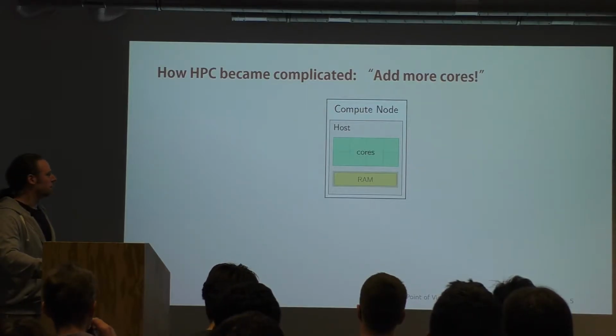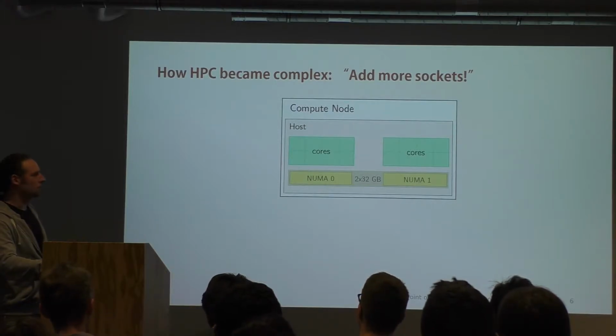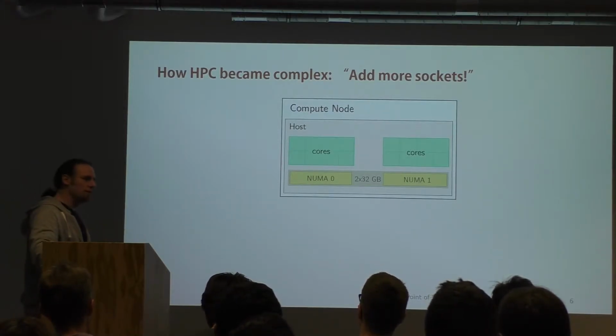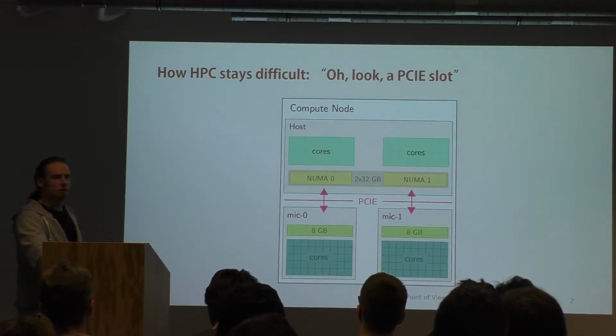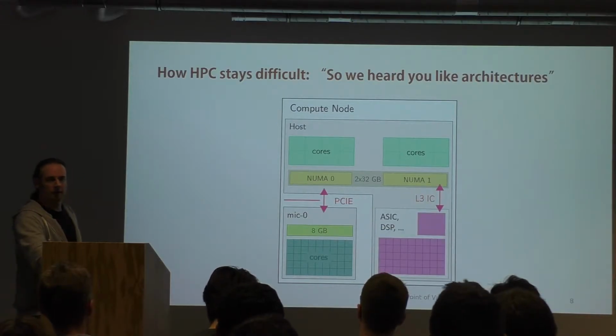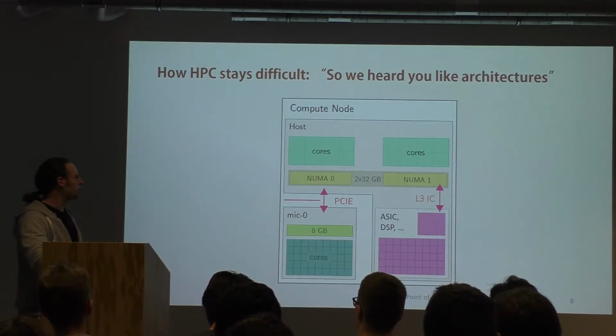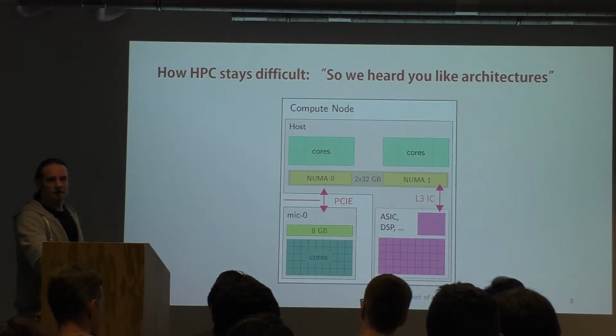Even then, we had the next bottleneck, which was the L3 interconnect, so we had to add sockets. And even this wasn't enough, because now we have special purpose accelerators like GPUs or Xeon Phis. And even this is not enough nowadays. We also have heterogeneous nodes that involve, say, digital signal processing accelerators, GPUs, and Xeon Phis on the same machine. And this is already the reality in embedded systems, actually.